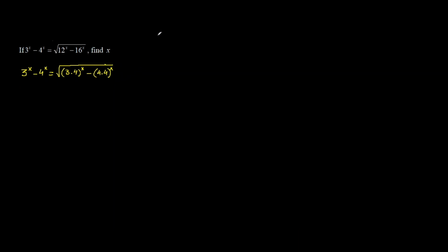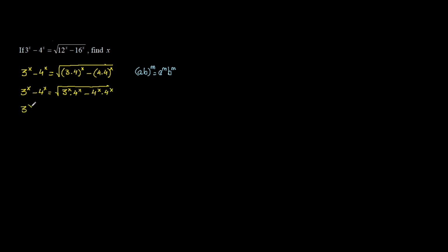Now, from the basic rules of exponents, if we have (a times b) whole raised to the power m, it can be written as a^m times b^m. So using this rule, we get 3^x − 4^x = √(3^x · 4^x · 4^x − 4^x · 4^x).